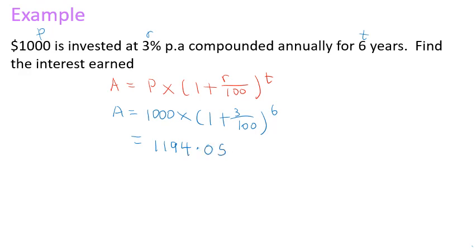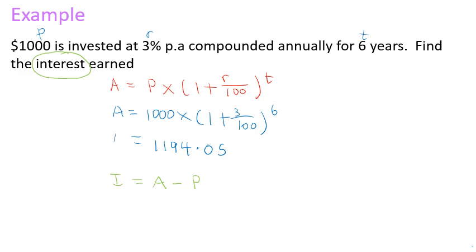1,194.05. Okay, but notice this question doesn't ask us to find the amount. It asks us the interest earned. So to find the interest, I use the second formula I showed you, which was amount minus principal. The amount, we've just worked that out.